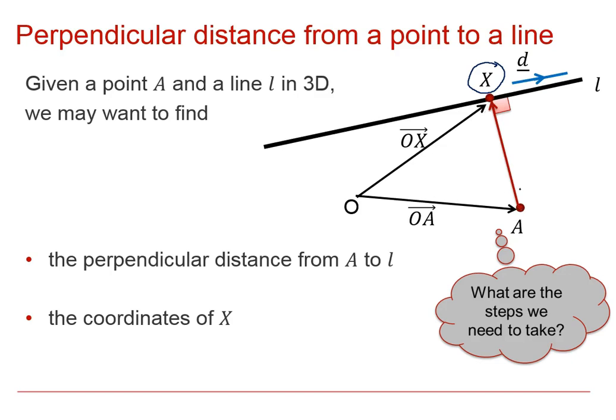And therefore, we can write down what the vector AX is, and using the dot product with the direction vector of L, we know that when we do the dot product, the answer needs to be 0. So we can then use that to find out this vector and use its magnitude to find out the distance. Now, this sounds a lot more complicated than it is. We're going to go through an example which will hopefully make it fairly straightforward.